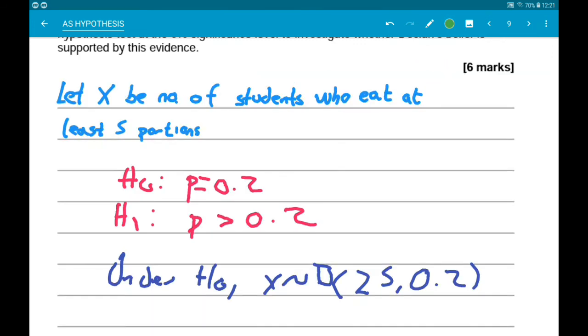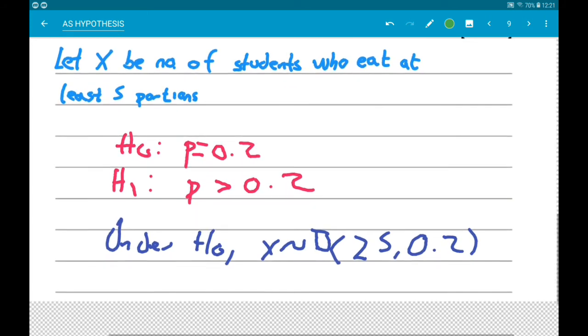Now, what we're testing is that when Declan sampled his 25 students, was it more or less likely than 5% that 8 or more of them said yes.